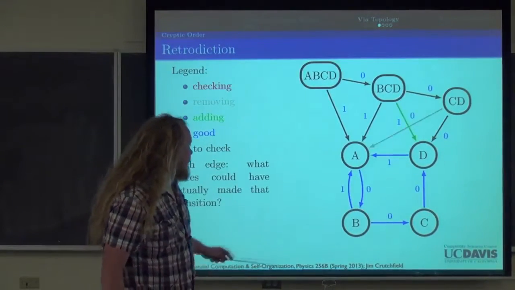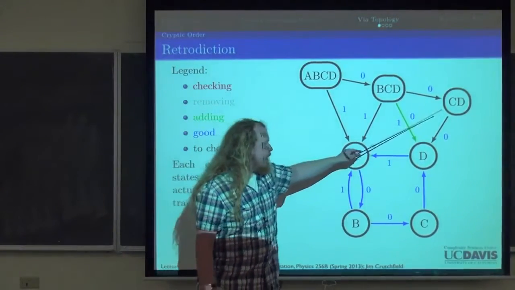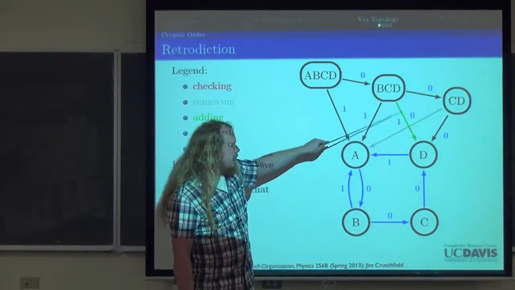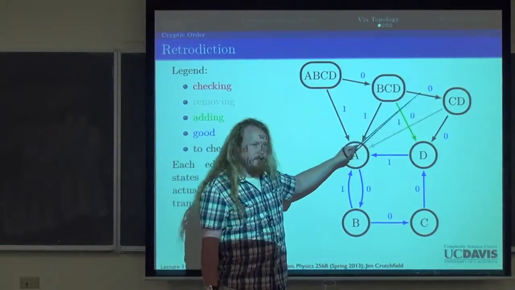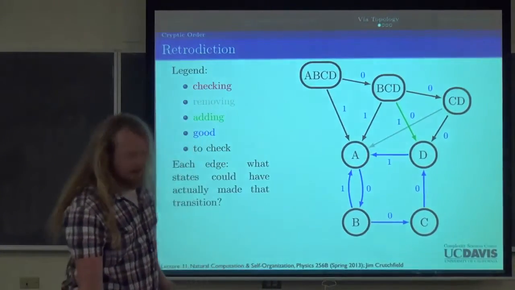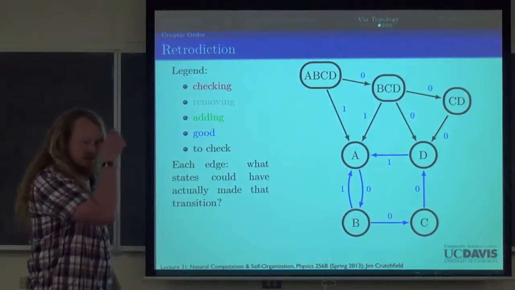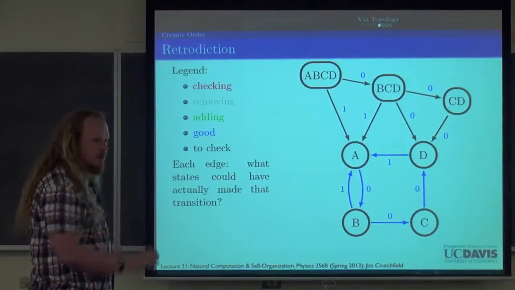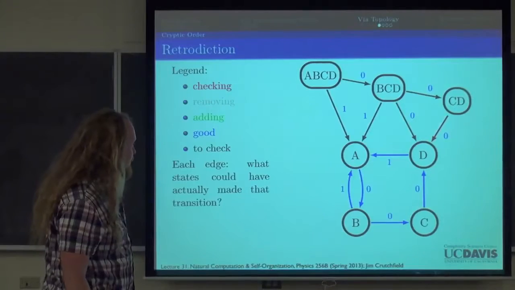So we cut out this edge, we remove it, but we add this one, which is a clone of this edge. Okay. So now our machine looks like this. So let's check another edge, this one.